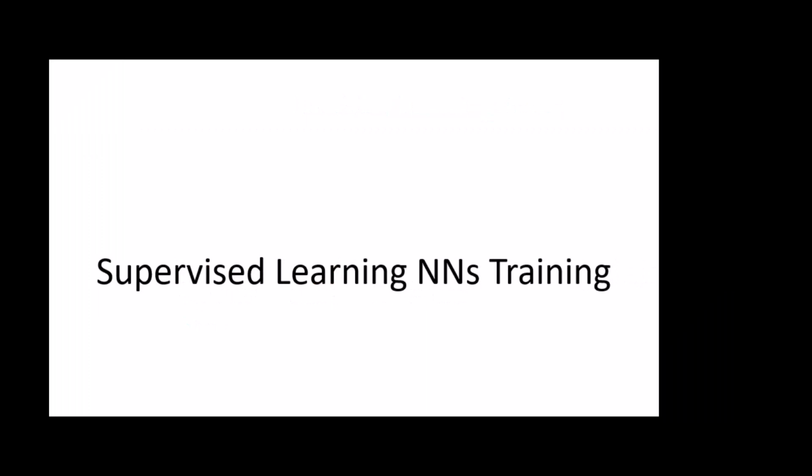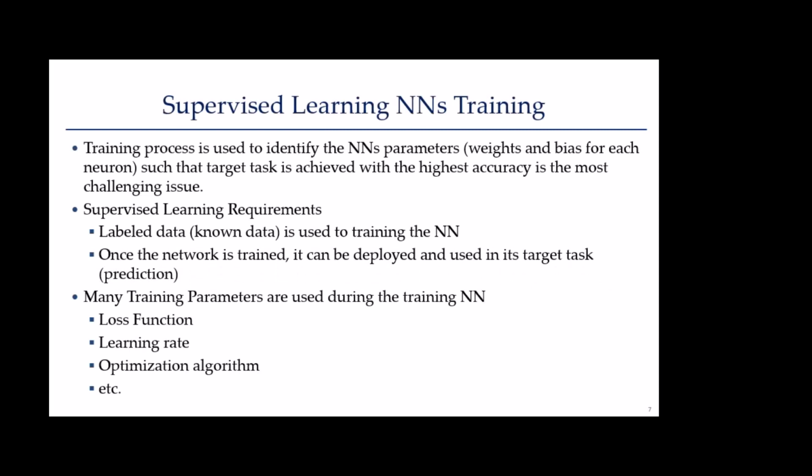Let's go into more detail about supervised learning. The purpose of the training process is to identify the neural network parameters, which are weights and bias for each neuron, such that the target activity is achieved with the highest possible accuracy.